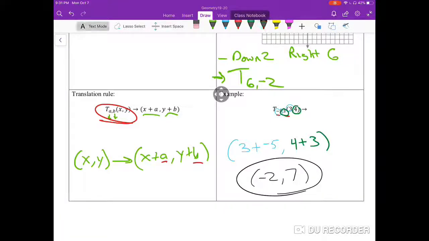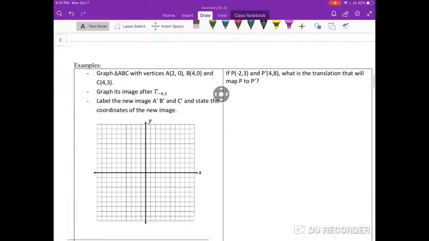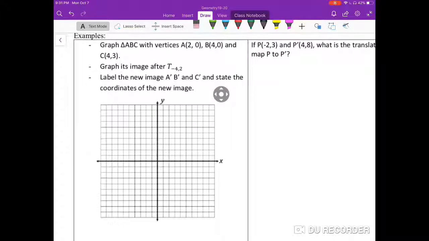Alright, so let's actually get down to an example here that has a graph and has an image on it. First example, 3 parts here. Graph the triangle ABC with vertices A at 2, 0, B at 4, 0, and C at 4, -3. So A is here, B is here, and C is here.